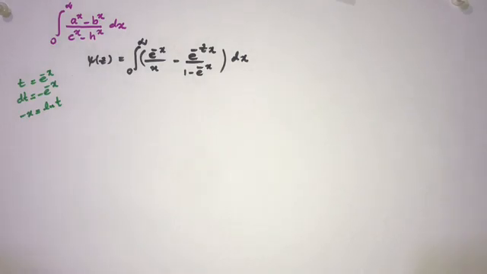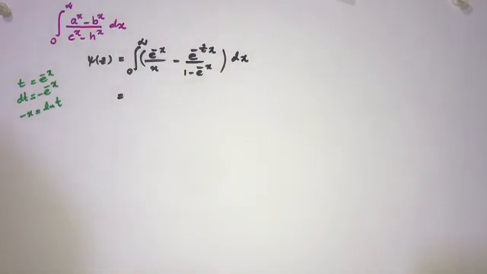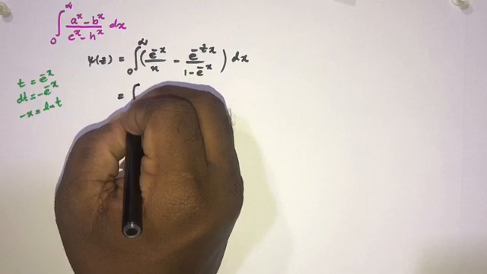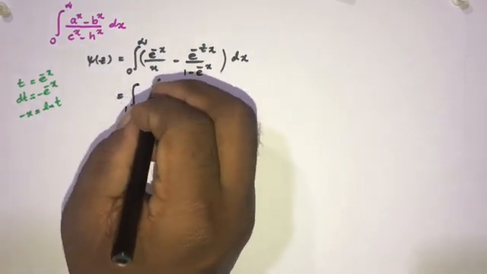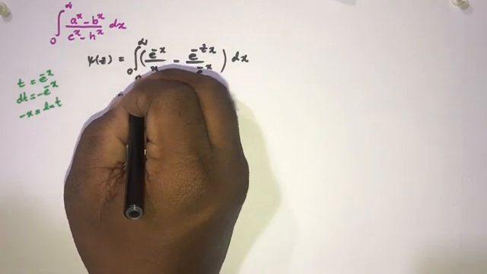Now the limits: when x approaches 0, t approaches 1, and when x approaches infinity, t approaches 0.